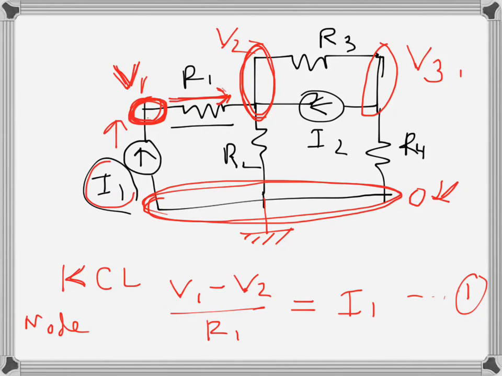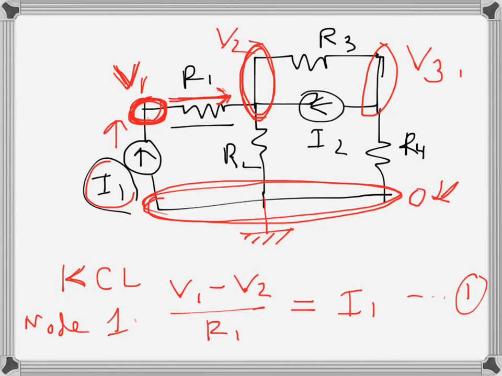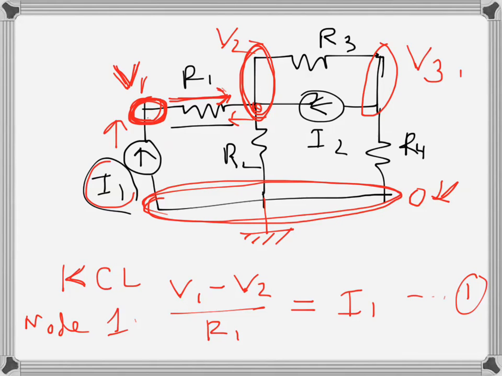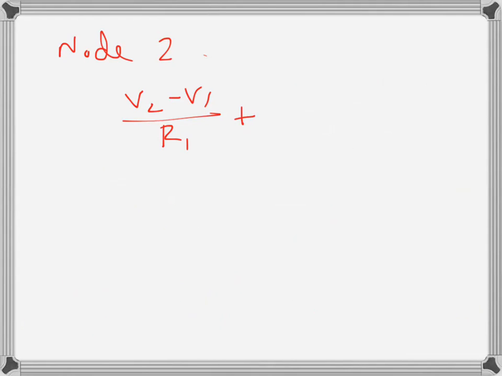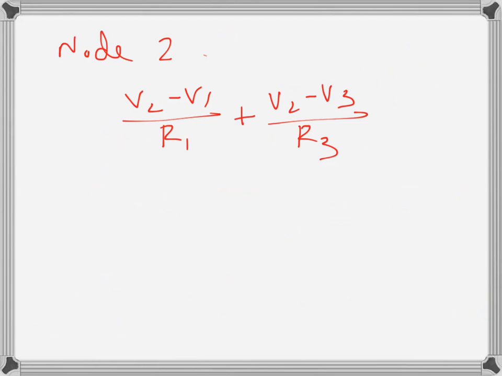Once we write for node 2, we will again write in terms of leaving currents. So this current will be (V2 minus V1) over R1, and then the current going this way will be (V2 minus V3) over R3, and finally this current which is going away is V2 over R2, because the other node is ground, so V2 minus 0, or just V2 over R2, and that equals 0.